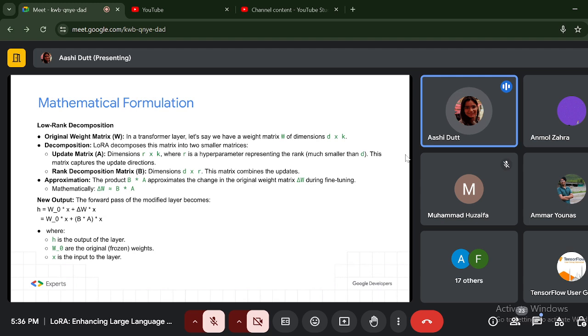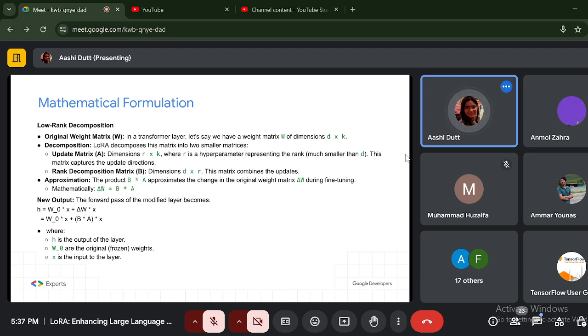So in which direction the update is happening, whether it's the forward pass or the backward pass, right? Then the rank decomposition matrix, that is the B matrix. It has dimensions of D cross R, and this is the matrix that combines the updates, right?